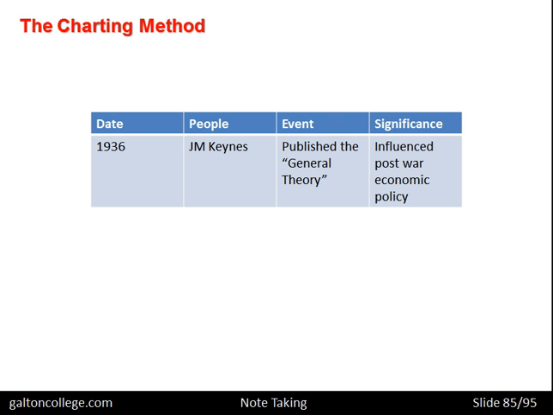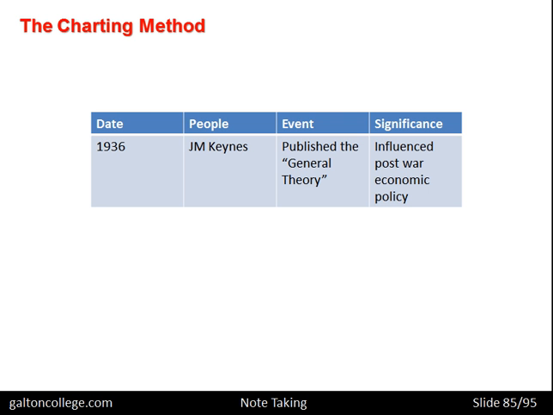So if someone mentions Keynes, then it recalls the publication, the main publication, which is the General Theory, why it was significant, and what the critics say about it, and what the advocates of the policy say about it as well. So that would be similar to the charting method of note-taking.